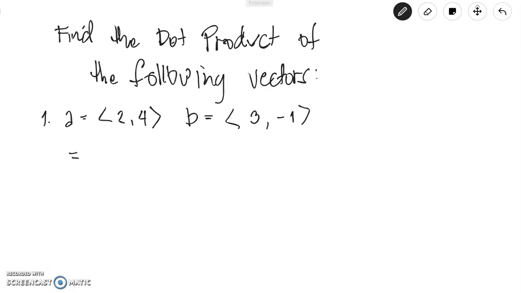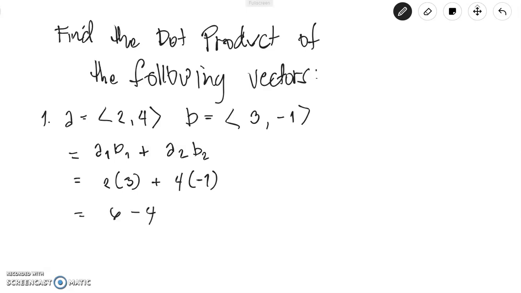So we have A1 times B1 plus A2 times B2. Therefore we have 2 times 3 plus 4 times negative 1, so 6 minus 4. The answer is not a vector but a real number, which is positive 2.